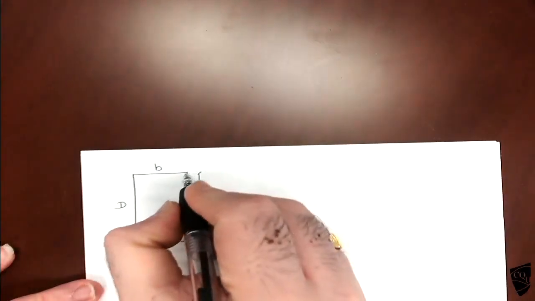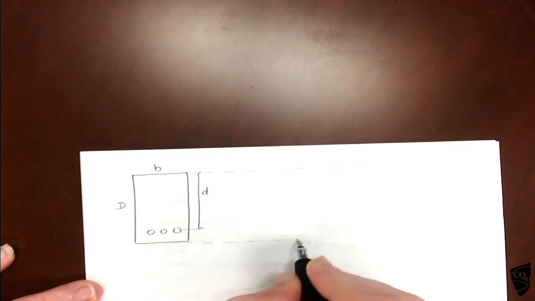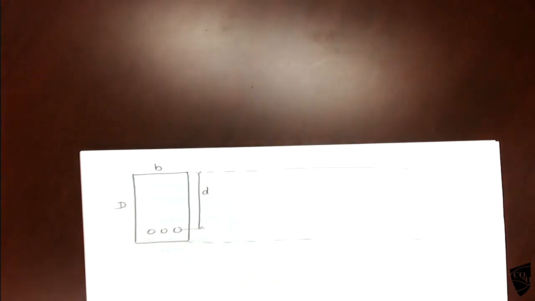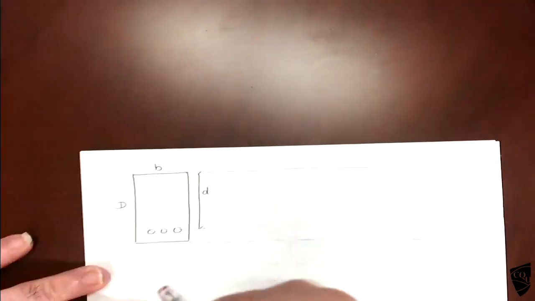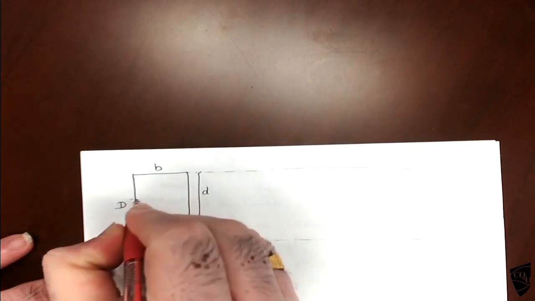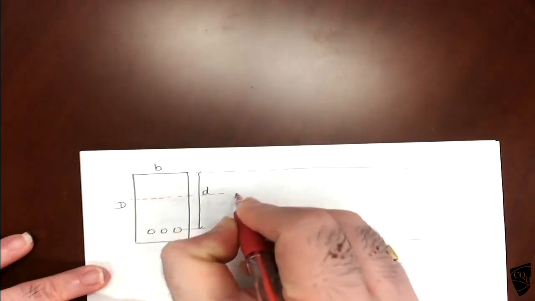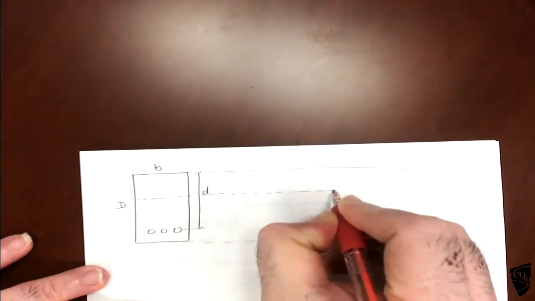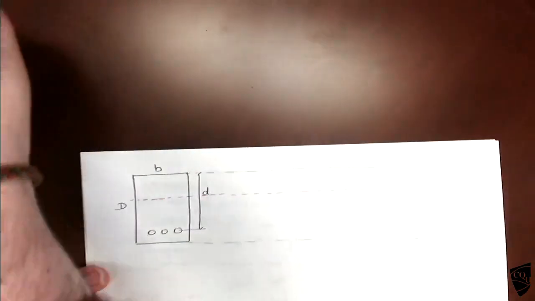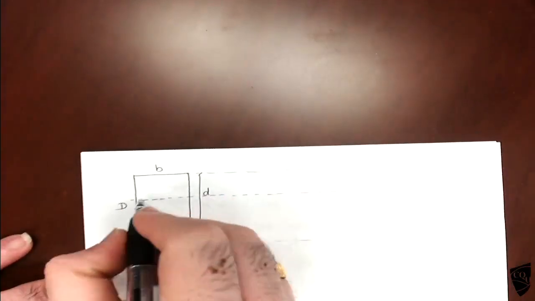If you are asked to find the reinforcement for bending, you should use this one. In the ultimate case, the neutral axis will be here.